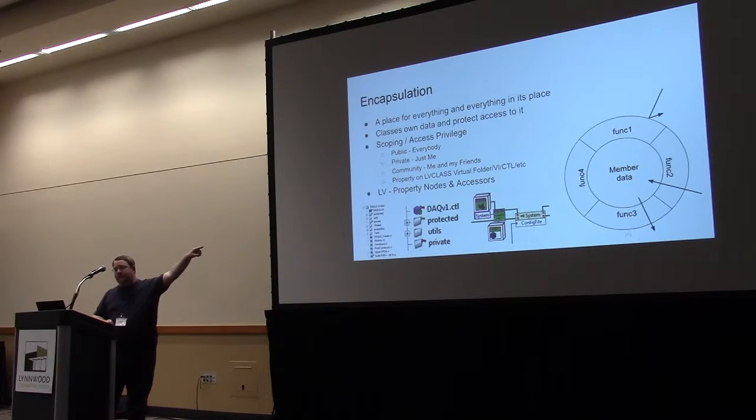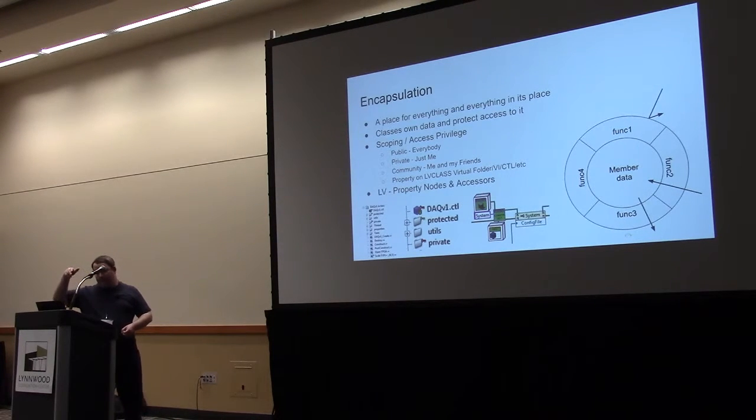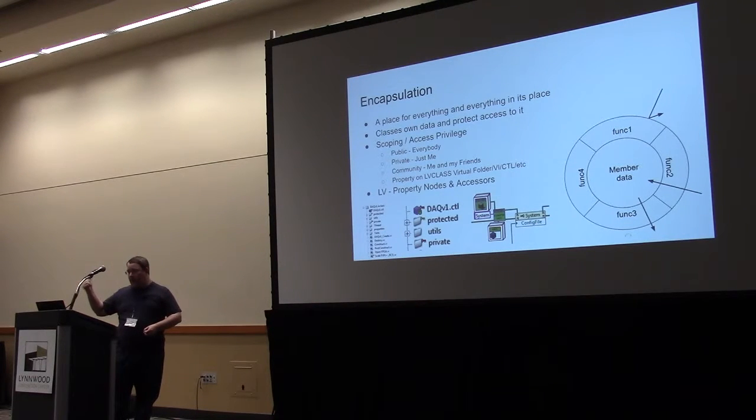VIs, member functions that are marked as private in the LV class in the project window. You right-click on each VI or virtual folder and select the access mode from there.